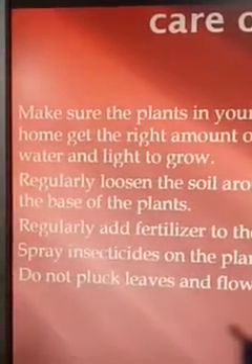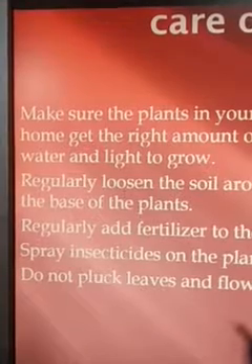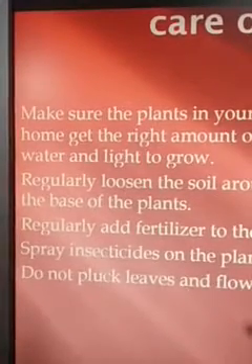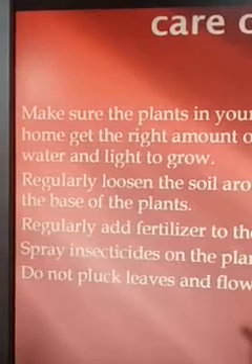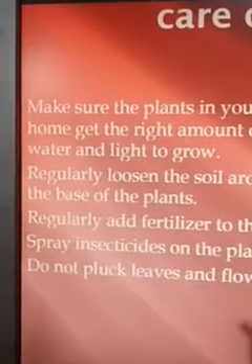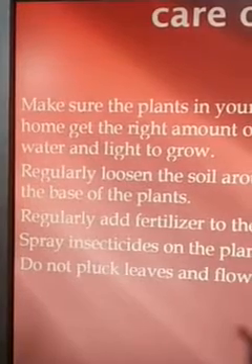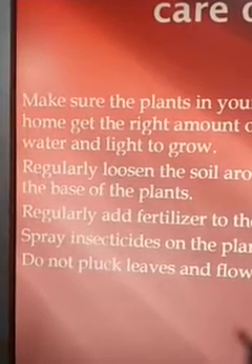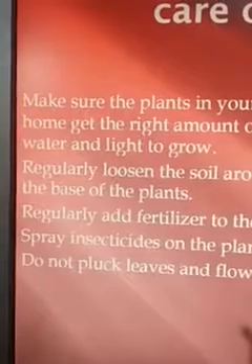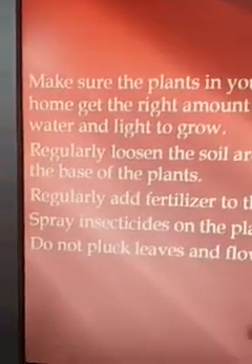As we studied in photosynthesis, it needs water, minerals and sunlight to grow. So we have to take care that the plant we have planted in our home or surroundings gets the right amount of water and sunlight.